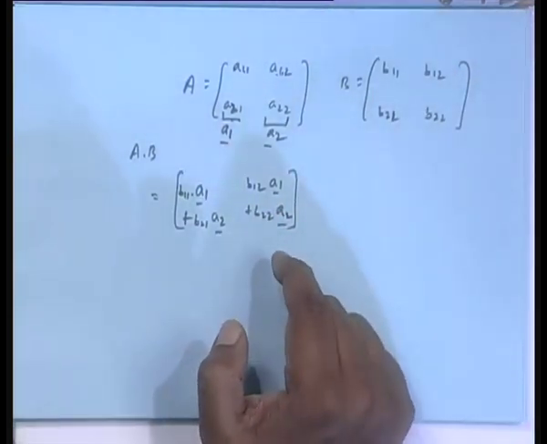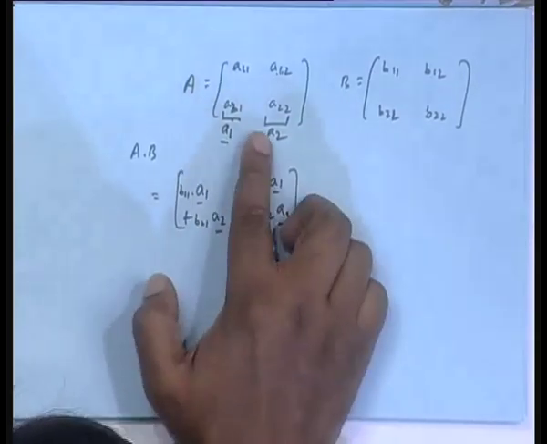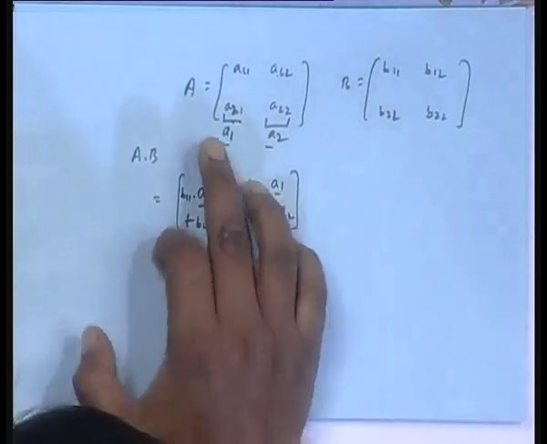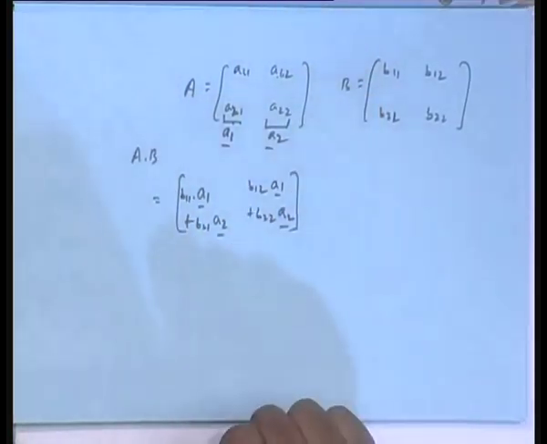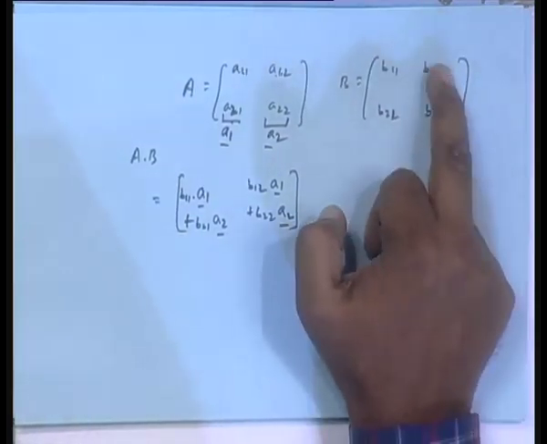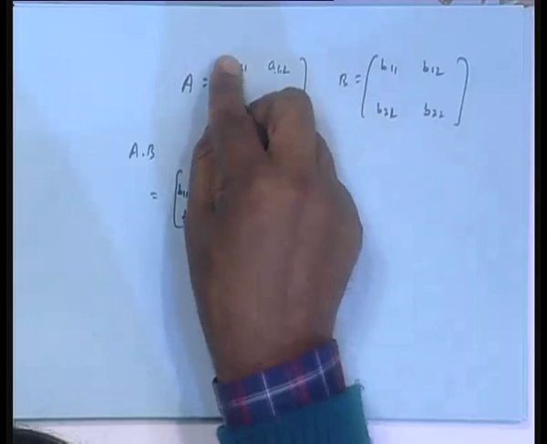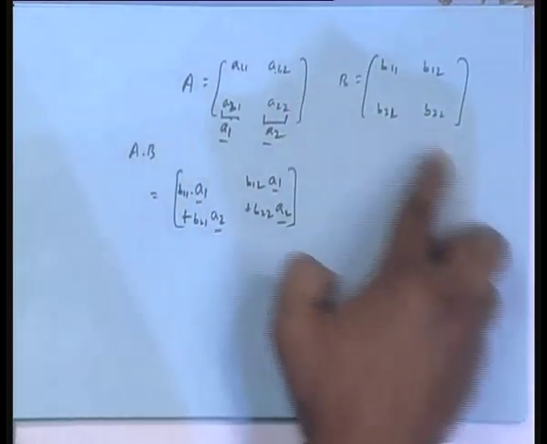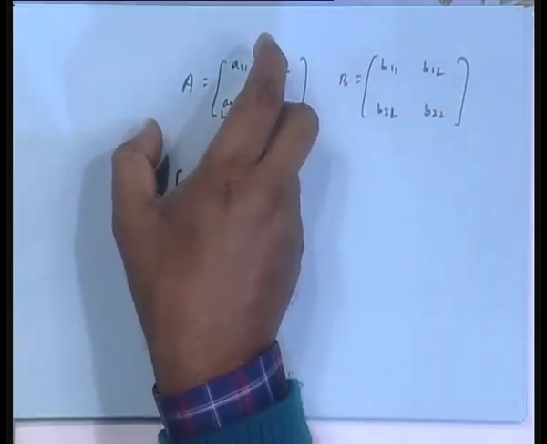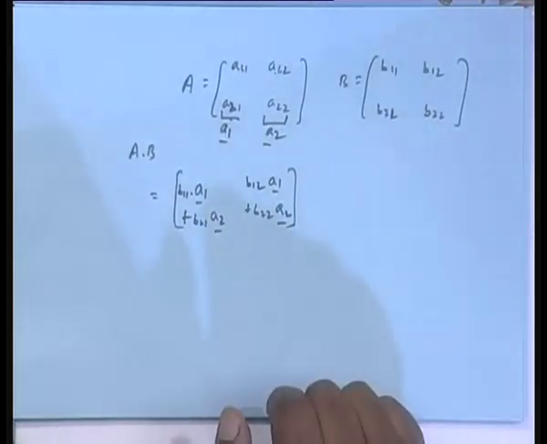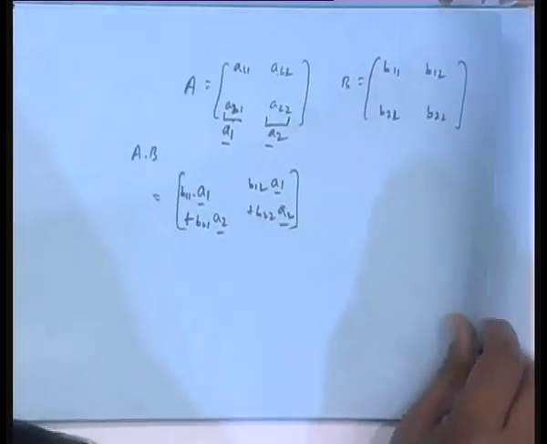So, that means you are linearly combining these columns by the elements of this column here. Again take the next column, linearly combine the columns, B12 times this column, B22 times this column. If there are more columns, third into third, fourth into fourth, and then add. That will be the corresponding resulting column vector. Okay. Are you convinced? Now come to this.